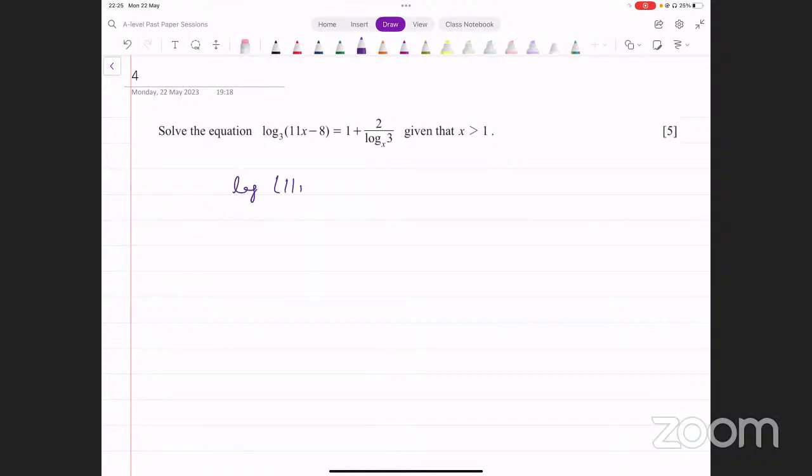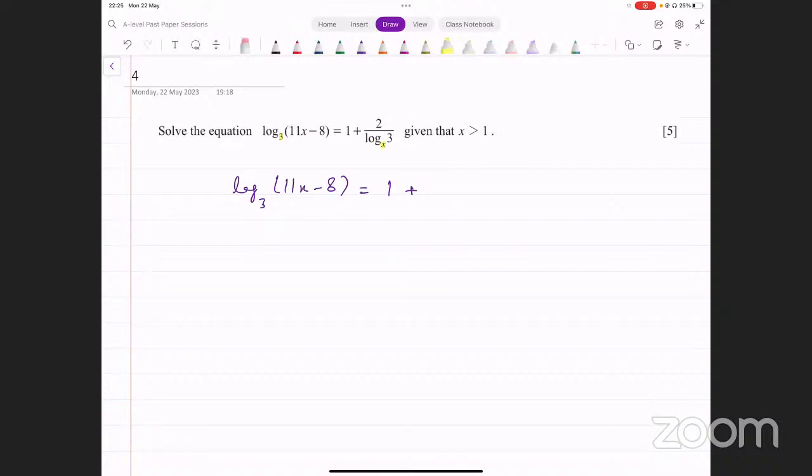Log of 11x minus 8 with base 3, that equals 1 plus 2 over log of 3 with base x. Now notice, we have logs with different bases here, so that's a problem, right? We can't work with this. अगर हमारी bases different होंगी तो हमें सबसे पहला काम तो क्या करना है, bases को same करना है.